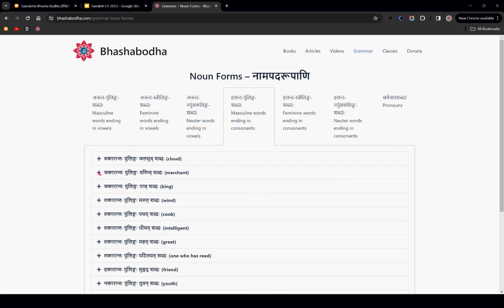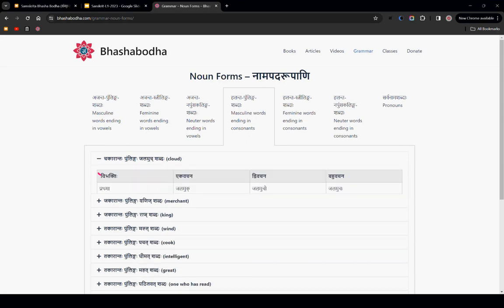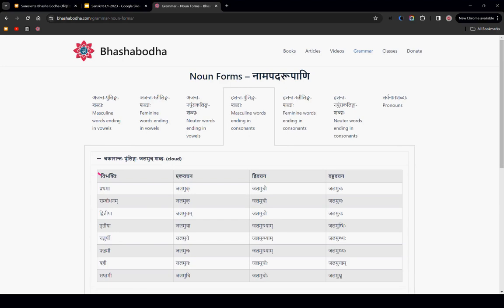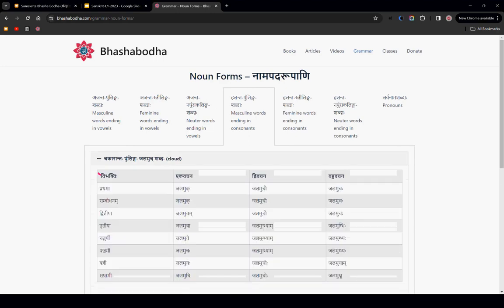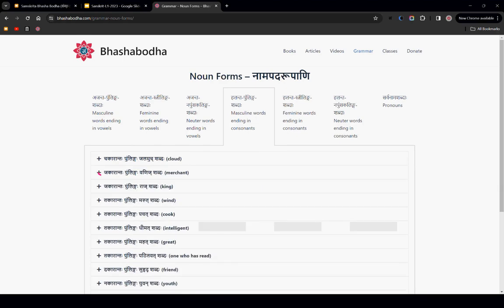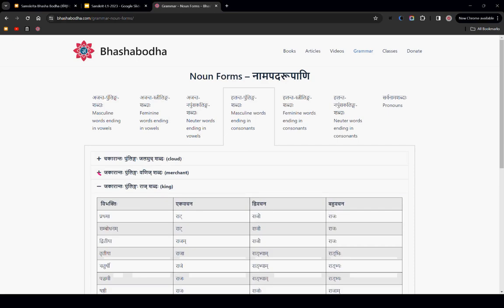Halanta means the base word ends in a consonant, vyanjanam. Here Jalamuch is the base word, and Jalamuchah sounds like Rama, but this is a bahuvachana. Similarly Vanik, Vanijah; Raj, Rajah.